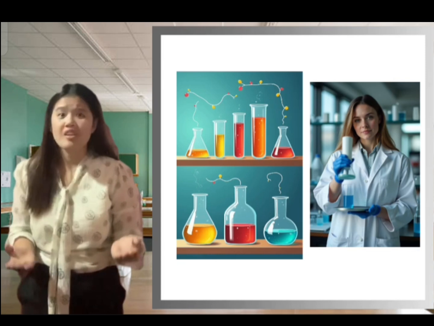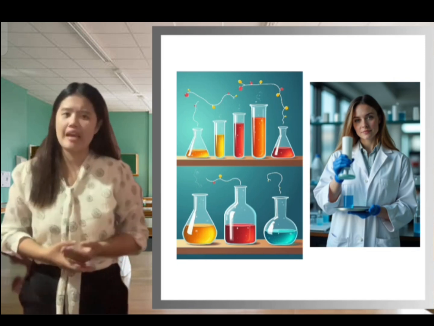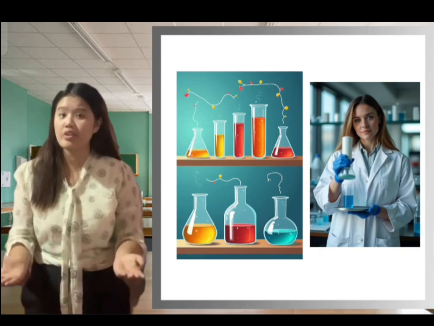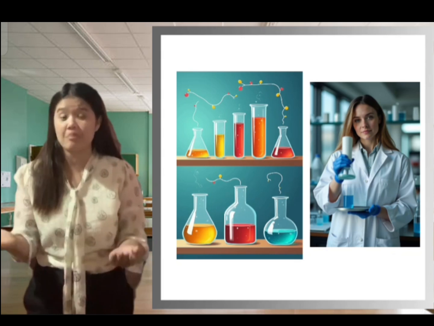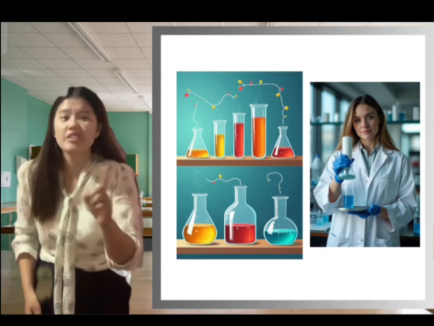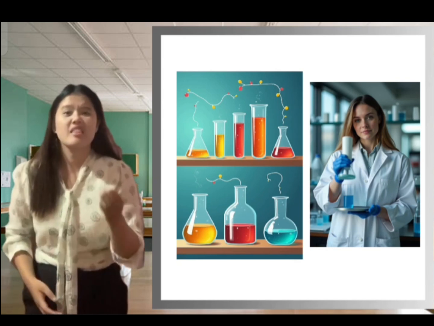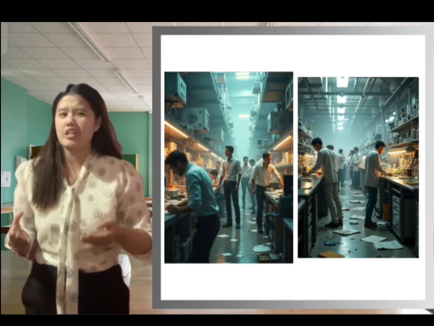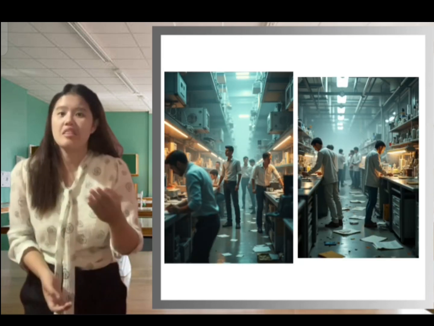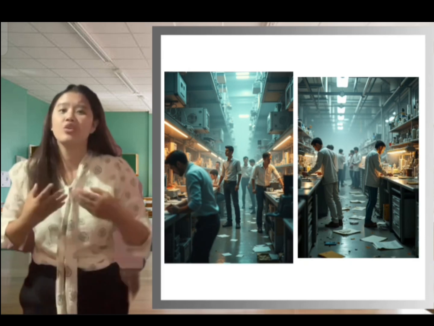Why is this so crucial? Well, consistency is key in science. If one lab gets one result, another lab gets something completely different, we can't trust those findings. And when experiments are inconsistent, things get messy. Whether it's in scientific research, industry applications, or even in your day-to-day work.